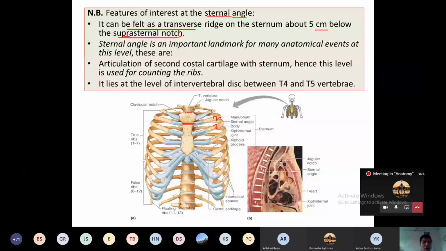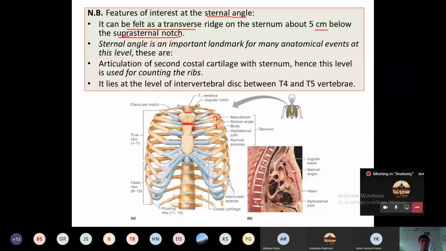So it lies 5 centimeters below the suprasternal notch. Sometimes you may not find the transverse ridge. How is this transverse ridge formed? I want to talk about it a little here. We are doing respiration every moment, isn't it? Inspiration, expiration is going on as long as life remains in our body.